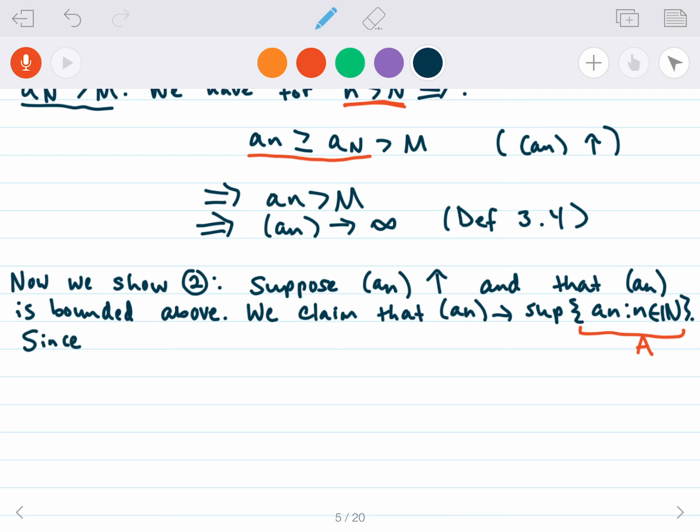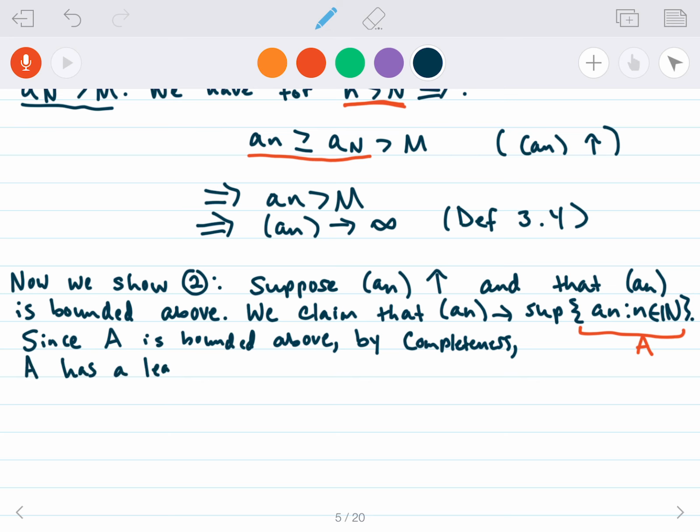So since A is bounded above, by completeness of the reals, A has a least upper bound, aka supremum. Okay, and let's call the supremum alpha.